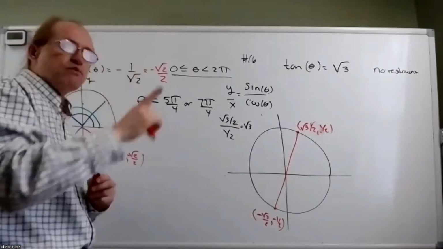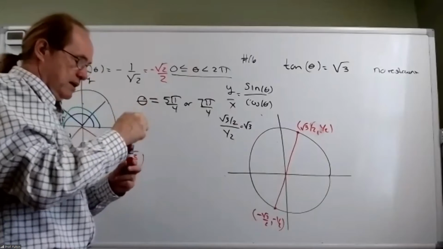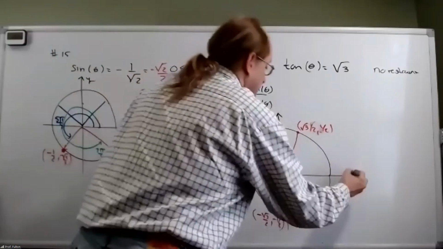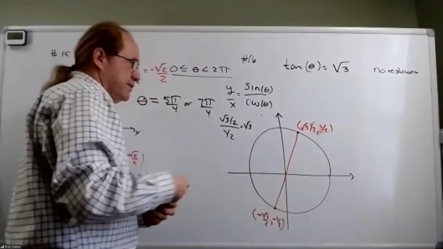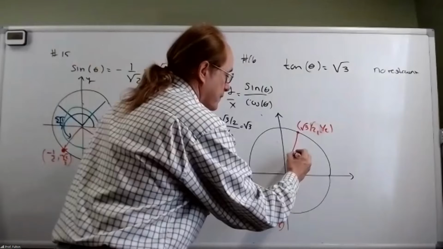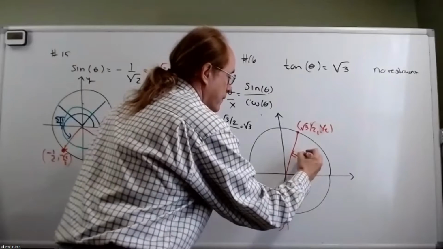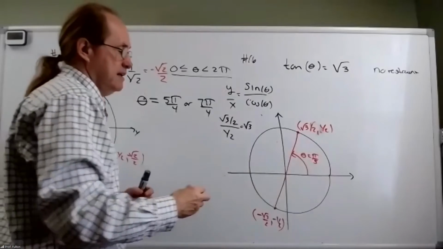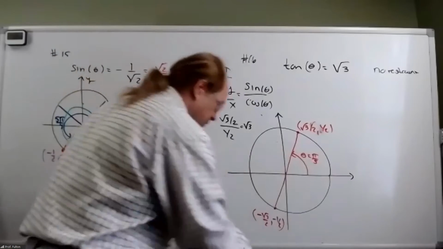Let's start with one rotation around, and then we can kind of keep going around and around if we want. So what is this angle over here? Well, this angle here is just pi over 3. It's 60 degrees. And then we can count pi's over 3's over here.